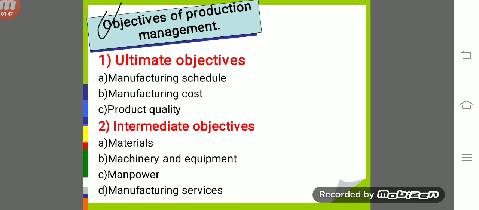The machinery and equipment objective is nothing but the production and operation manager deciding which machineries we require in the production area, which machineries we should replace, which types of technology we must use in our organization, etc. Here the machinery and equipment objective, which is a sub point of the intermediate objective, is also divided into two parts: acquisition of machinery and equipment, and utilization of machineries and equipment.